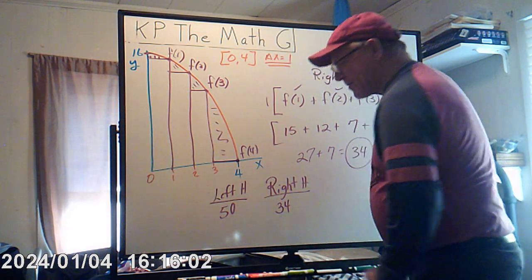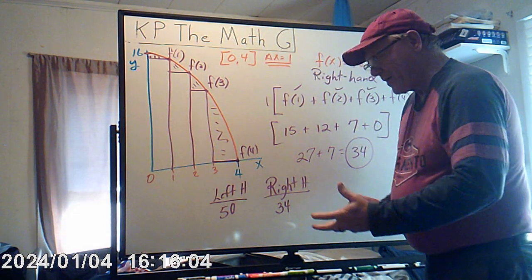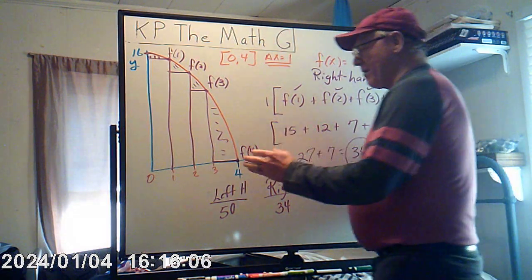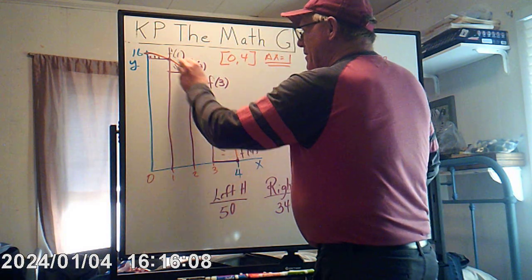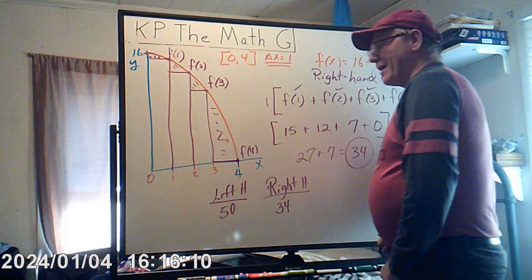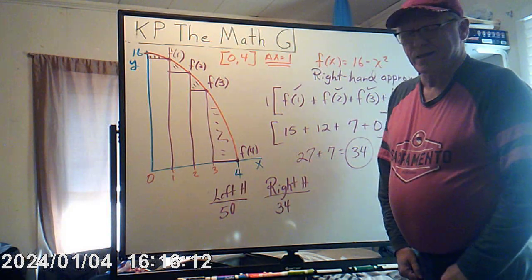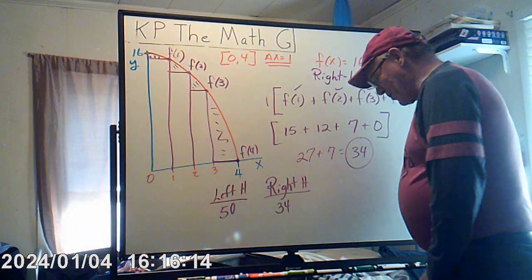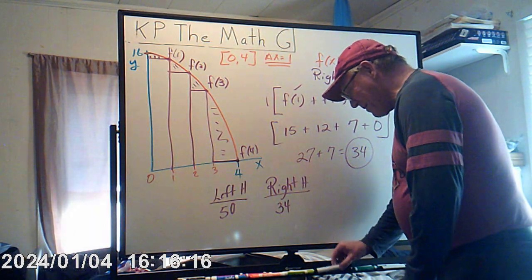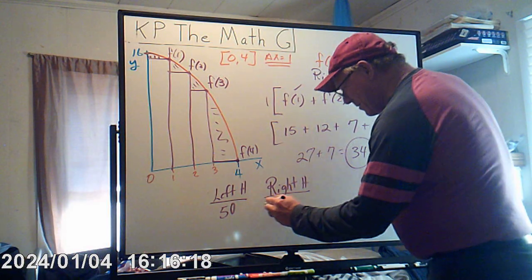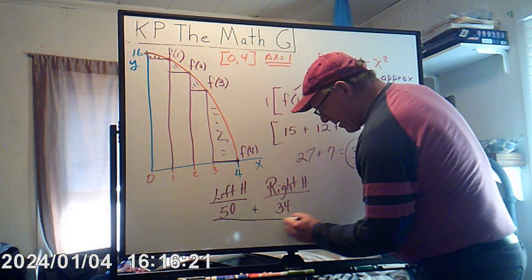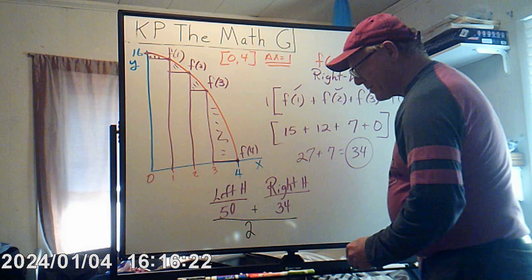There's quite a discrepancy between 34 and 50. As you notice, there's a lot of area that's missing here, not accounted for. So what we have to do is simply add these two up and divide by 2.